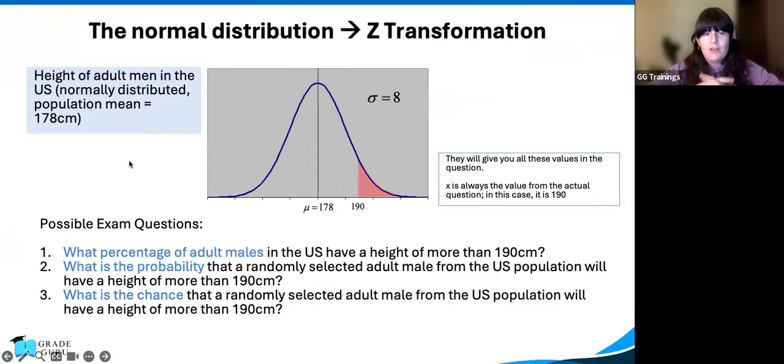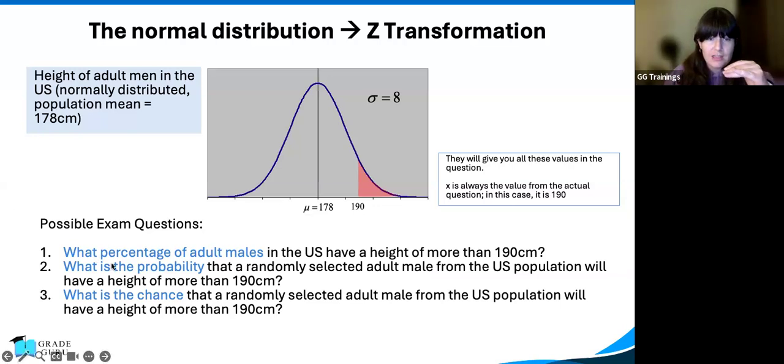So the way this question is asked, the Z transformation: What percentage of adult males in the US have a height of more than 190? What is the probability that a randomly selected adult male from this population has a height of more than 190? What is the chance that... What I'm drawing your attention to here are your keywords.